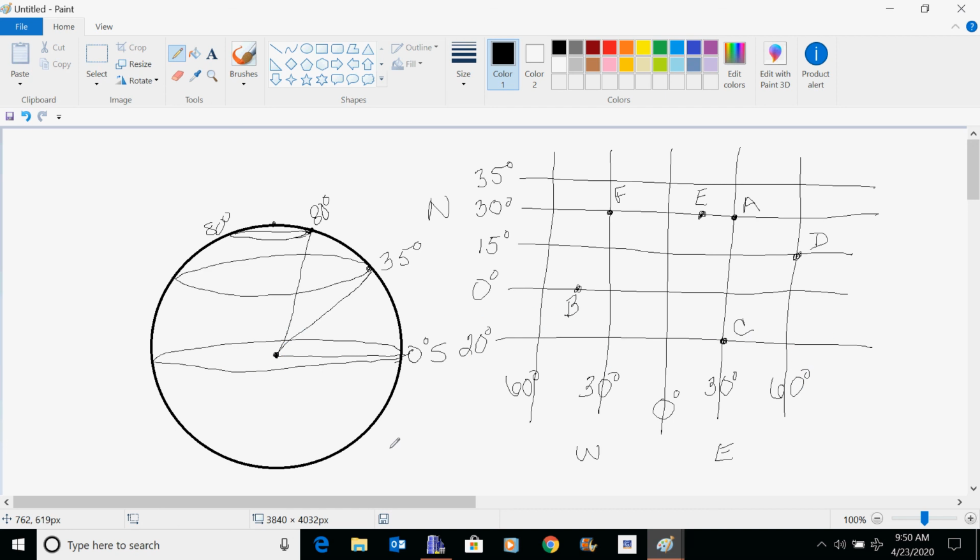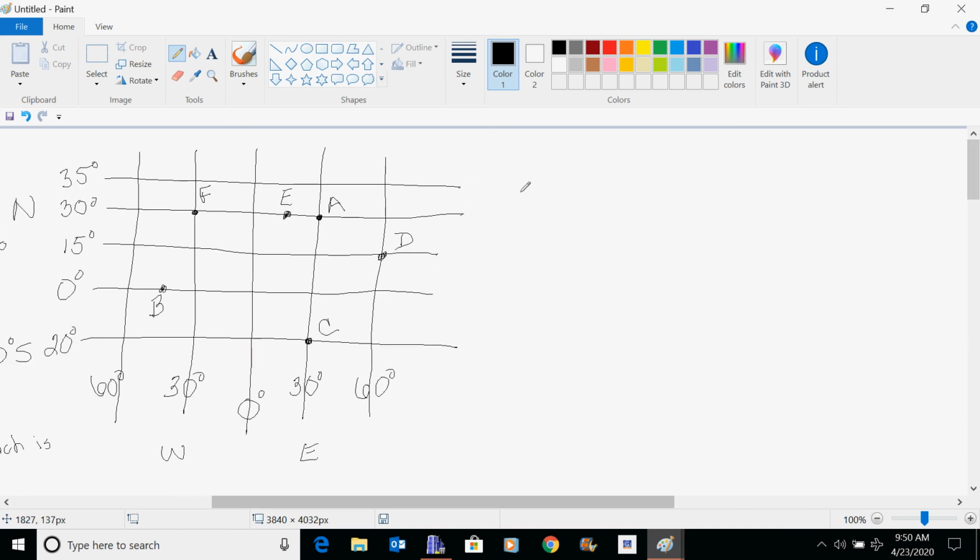Okay, and we asked which city is at 30 degrees east longitude and 20 degrees south latitude.